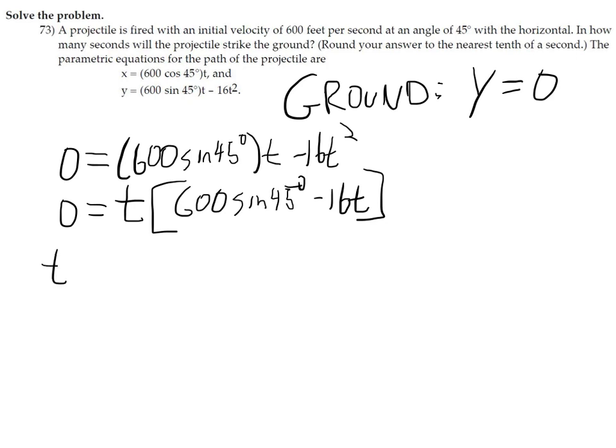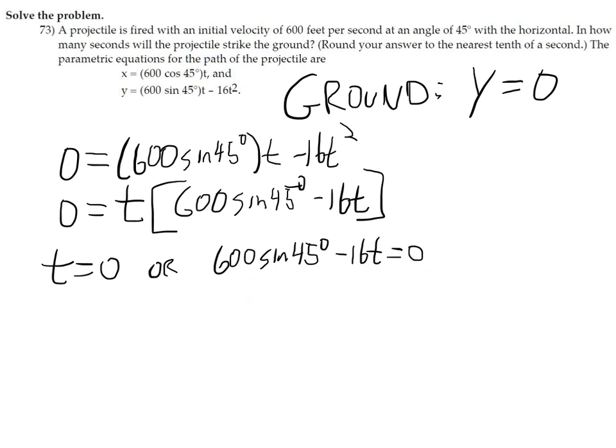Therefore, t must equal 0, or 600 sine 45 degrees minus 16t must equal 0. This is just simple solving with the zero factor property from Math 1010 or earlier. Now t equals 0 is when this thing started. Yes, the projectile was at the ground when you fired it. That doesn't help us, but this other one is a positive value.